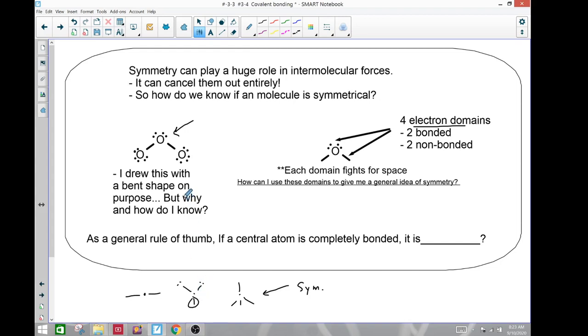So a rule of thumb here is that if you have unbonded pairs on your central atom, you start out symmetrical if you have something on each one, but if those things are removed, then you become asymmetrical. So anytime you have unbonded pairs on the central atom, you could say with a certain amount of truth, there are some exceptions, this thing would be asymmetrical.